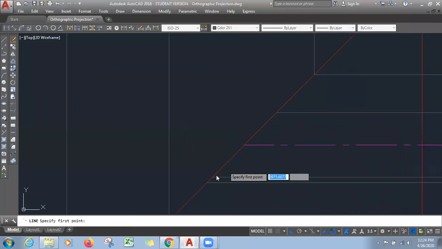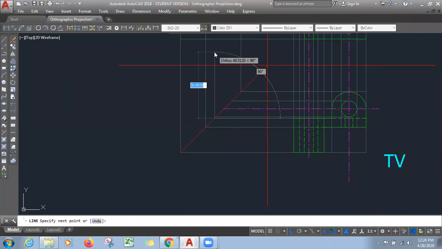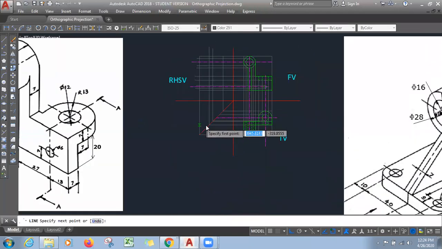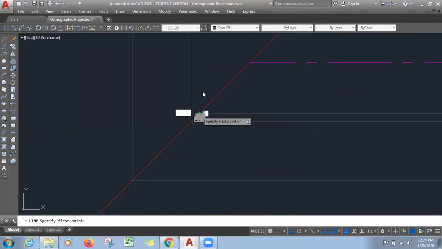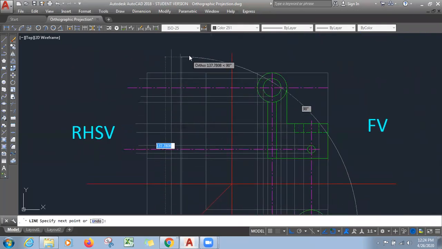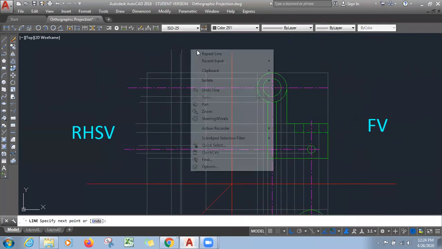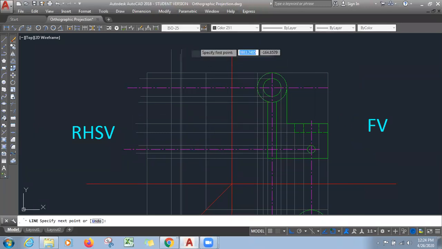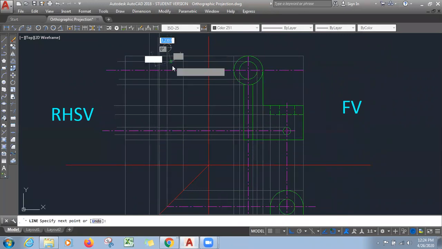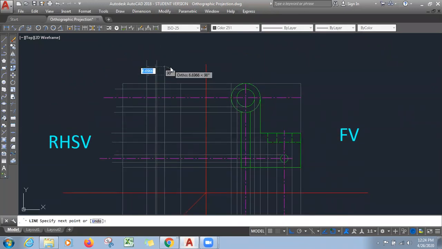Repeat projectors. Similarly, this one. Repeat. This thing is for the center line.